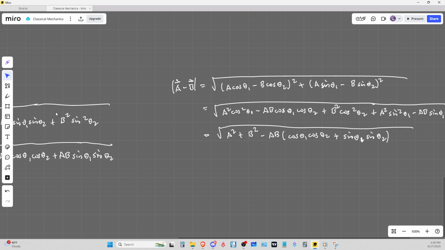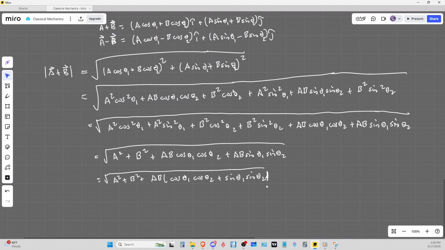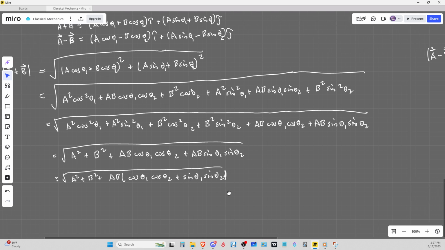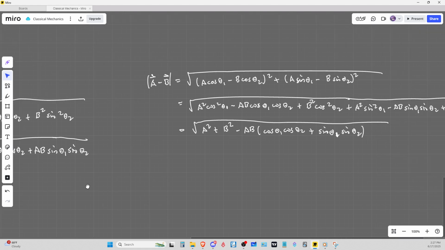Trig identities are the thing that I don't really recall much unless I have to look them up. But then I remember the trig identity was like this, but with a minus sign in there, I think.